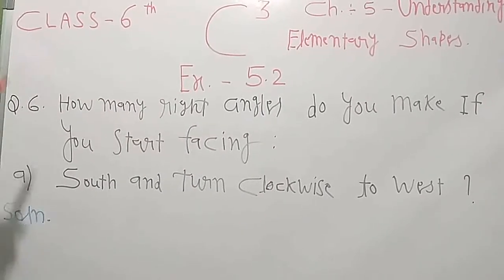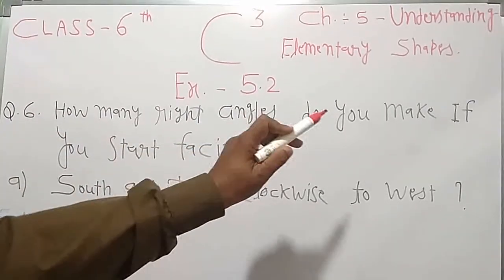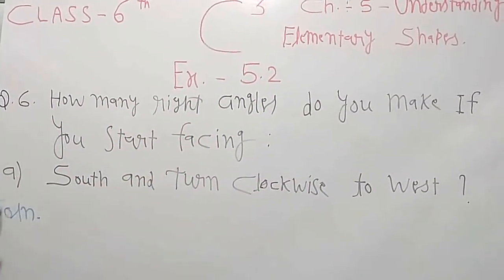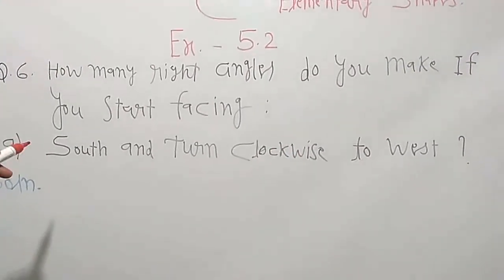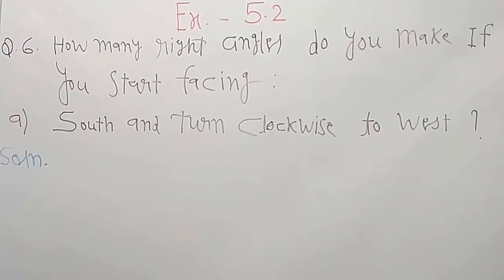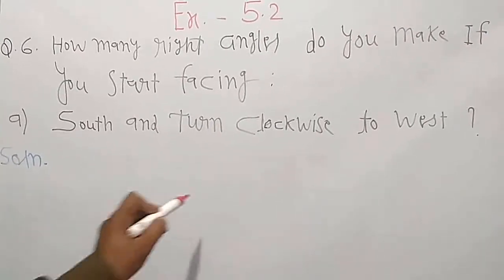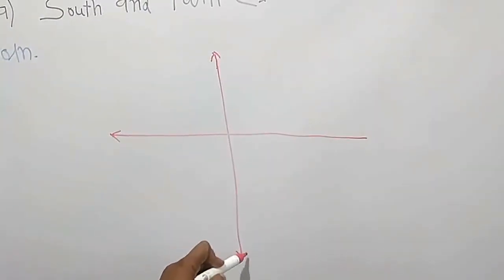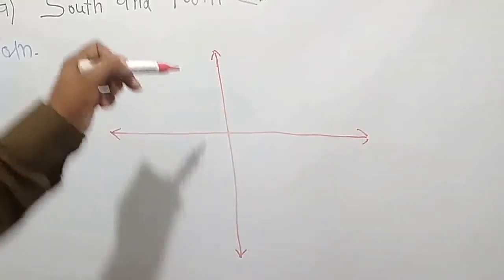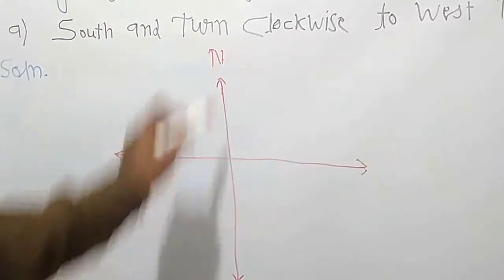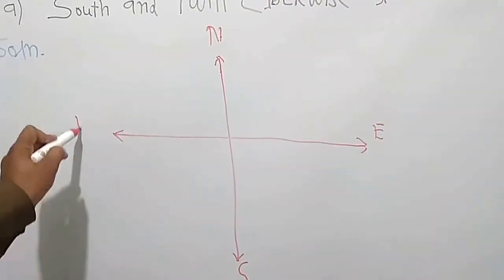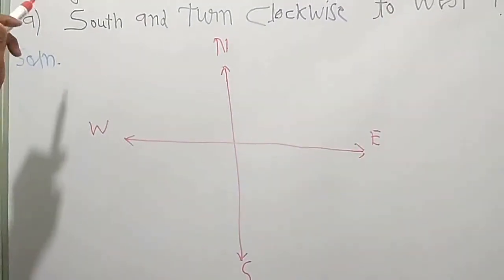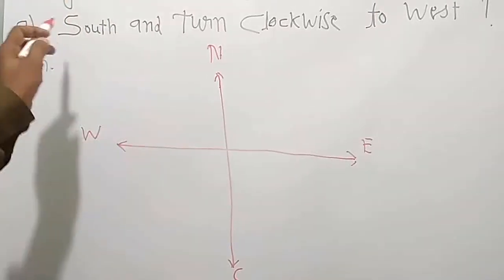Question 6. How many right angles do you make if you start facing south and turn clockwise to west? In this question we are talking about directions. So first we draw the directions. It is north, south, east and west. According to the question, we start facing south.